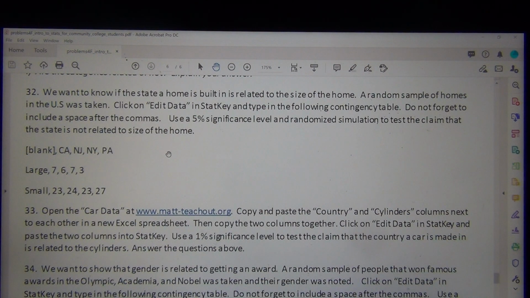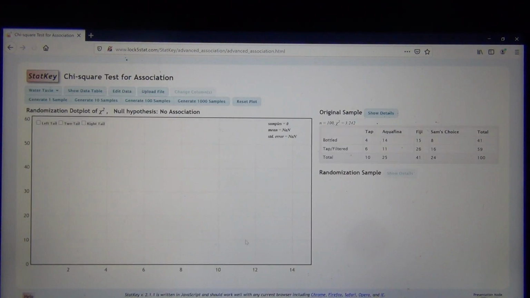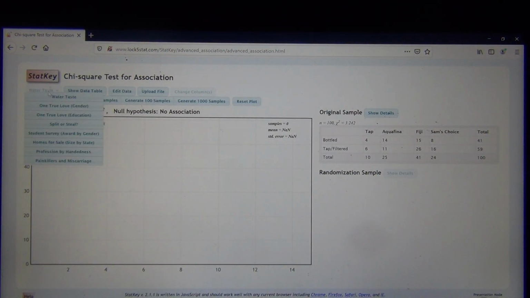Okay, so let's take a look. If I go to StatKey, the categorical association test is this one. It says chi-square test for association. It's kind of at the bottom middle of the StatKey menu. I'm going to click on that. It might be preloaded here. Yeah, it is: homes for sale, size by state.